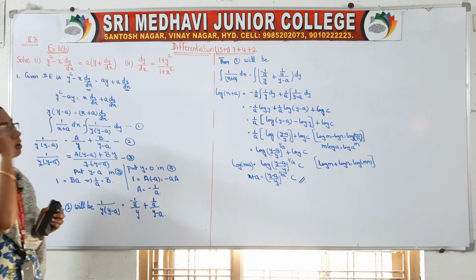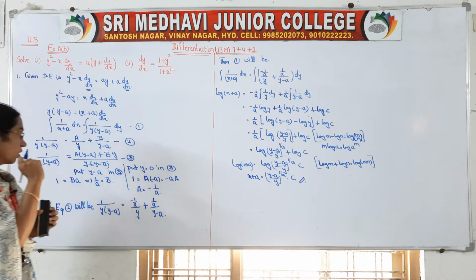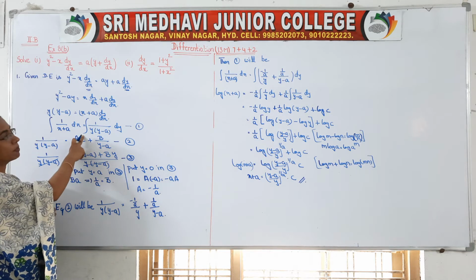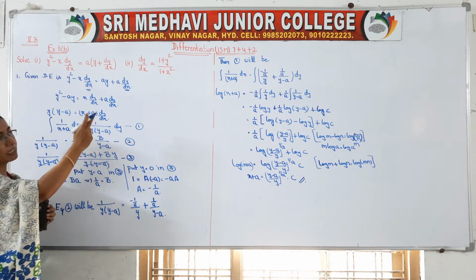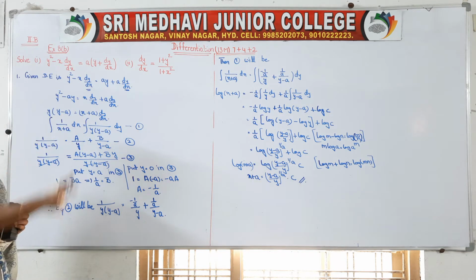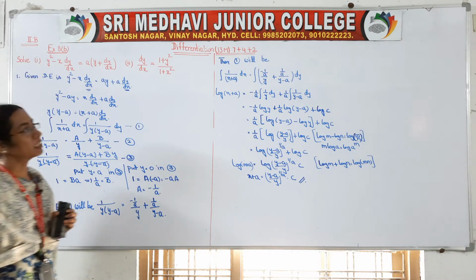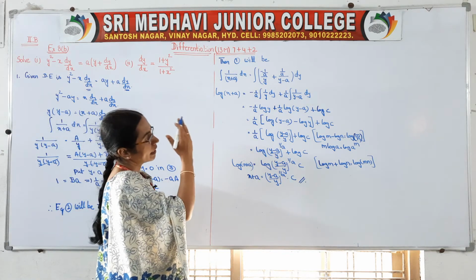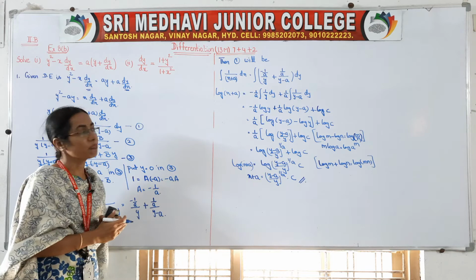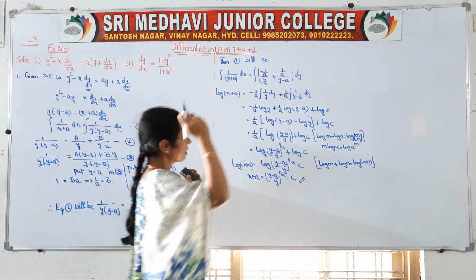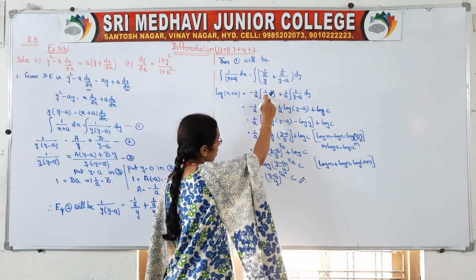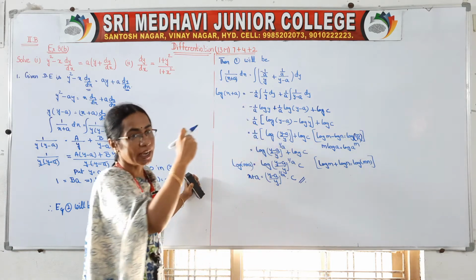If you observe, in the first equation we have taken those partial fractions. After that we applied the integral separately. Then both are in standard form: integral 1 by x form.